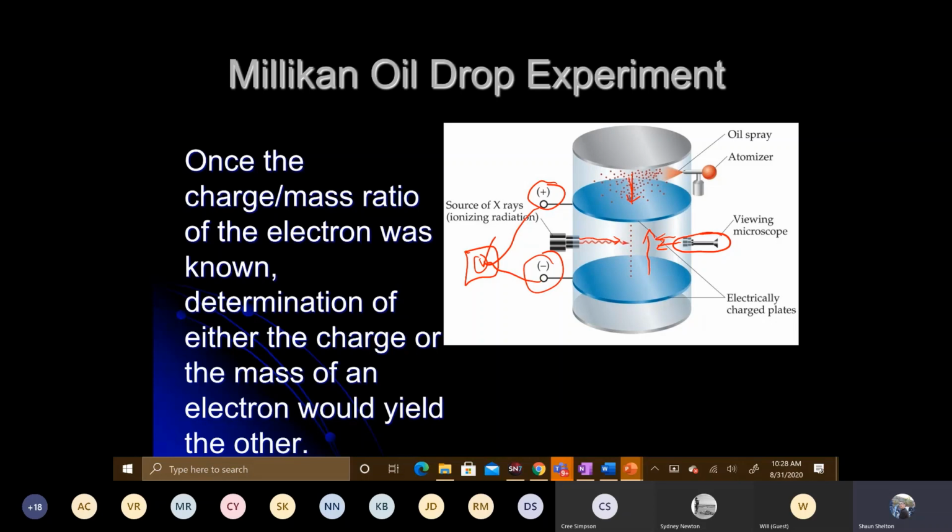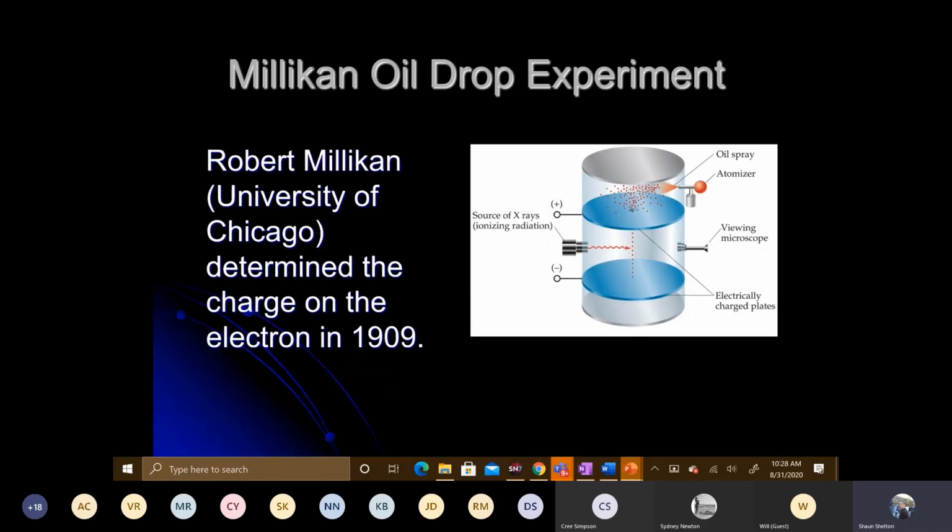So what you need to know for this part is that Millikan discovered the charge to mass ratio. He discovered how small the electron was, and basically the charge of it was -1. He determined the charge on the electron in 1909, just a few years after J.J. Thomson produced his article.